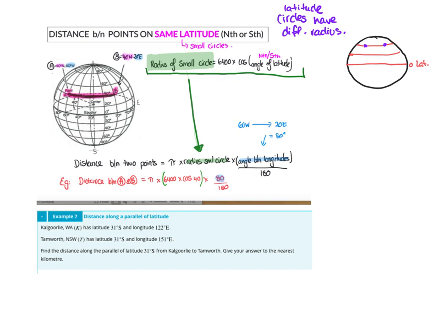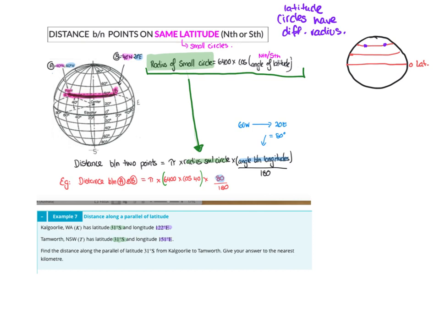So we're going through this question. Kalgoorlie, Western Australia has a latitude of 31 south and longitude of 120 east. Then it says Tamworth has, and here we see that they've got the same latitudes. So we've got to find the distance between them.